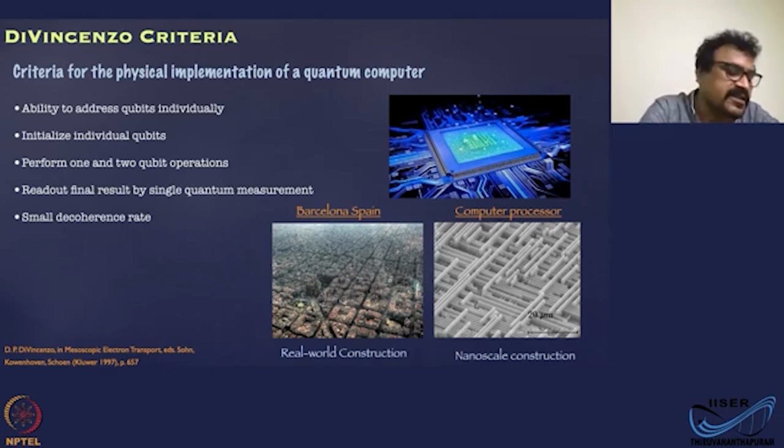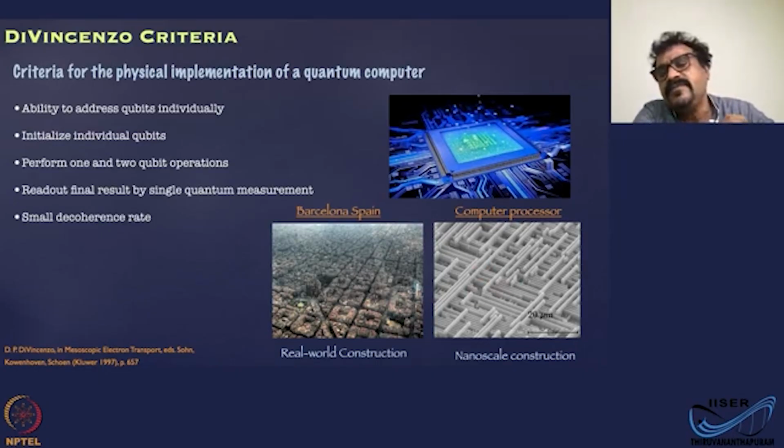It's a nanoscale construction, just like a real-world city construction. This is an aerial view of Barcelona, Spain. You can see various roads, buildings, and blocks connecting paths. Similarly, there is an architecture for a processor.